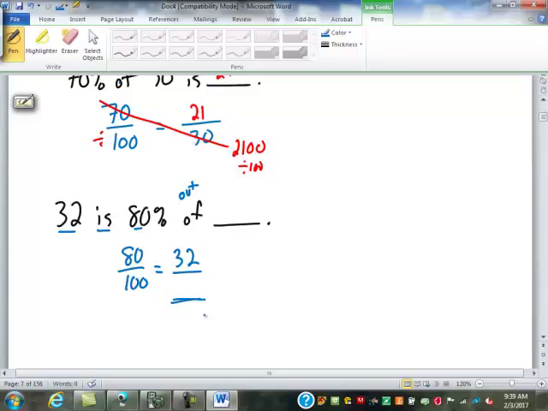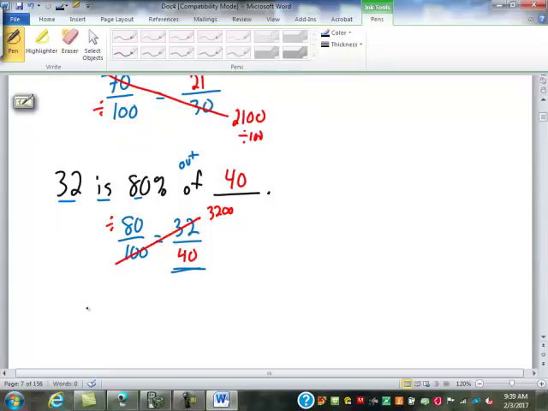The missing number goes on bottom. Even though we're missing a different number, the calculation is still the same. We're going to cross multiply. 100 times 32 is 3,200. We're just cross multiplying in a different direction. Dividing by the 80 gives us 40. 32 is 80% of 40.